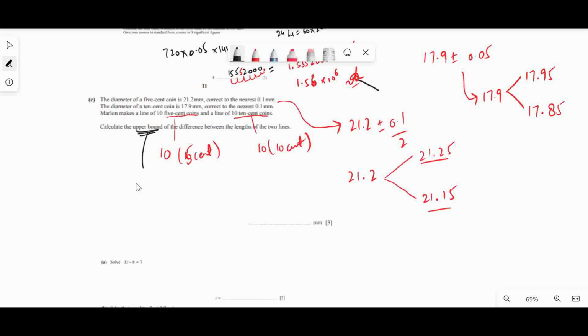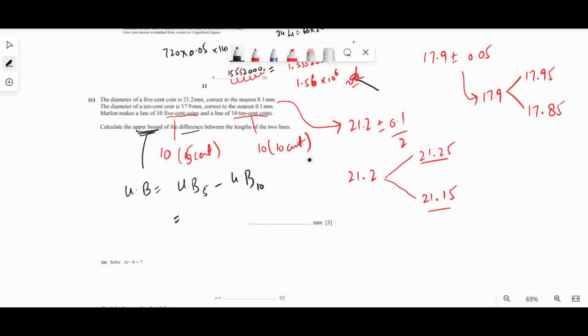So what we need to find is the upper bound of the difference between the two lines. Difference means we have to subtract. So the upper bound will be equal to the upper bound of 5 cent minus the lower bound of 10 cent.